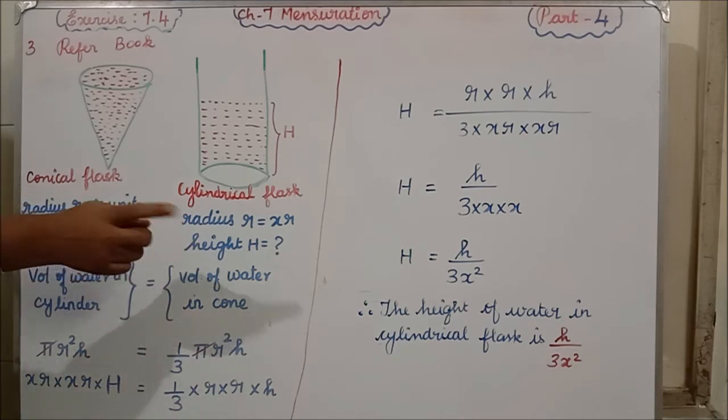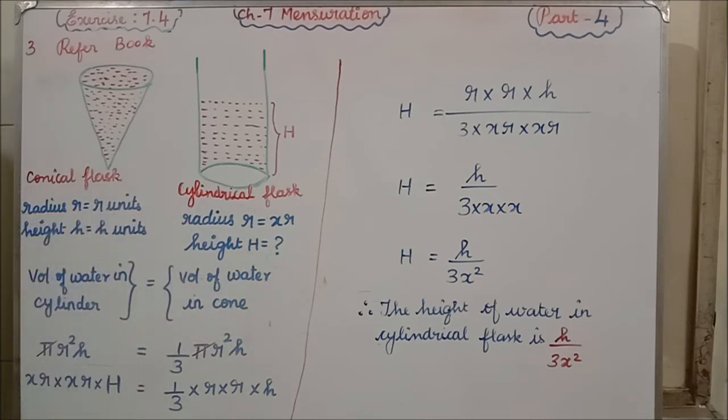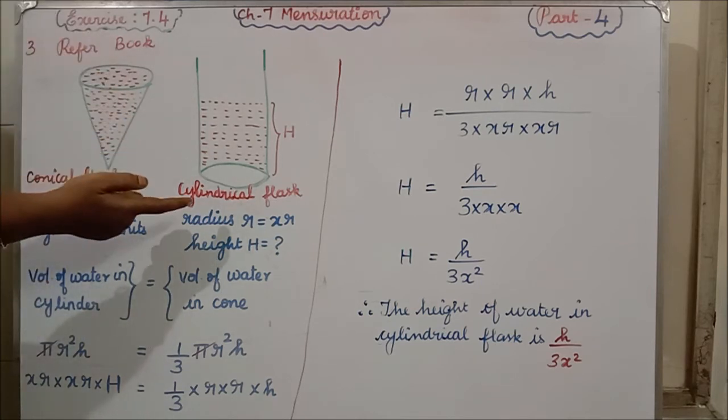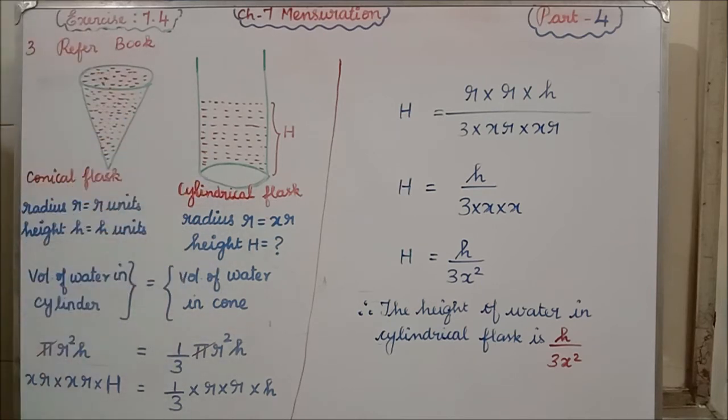Students, I have taken the height as capital H. Why? Here also I am having small h, height for the cone. So similarly, if I write the same small h for the cylinder, then you will think that both heights will be the same, isn't it? So to differentiate, I have taken this as capital H. Clear?